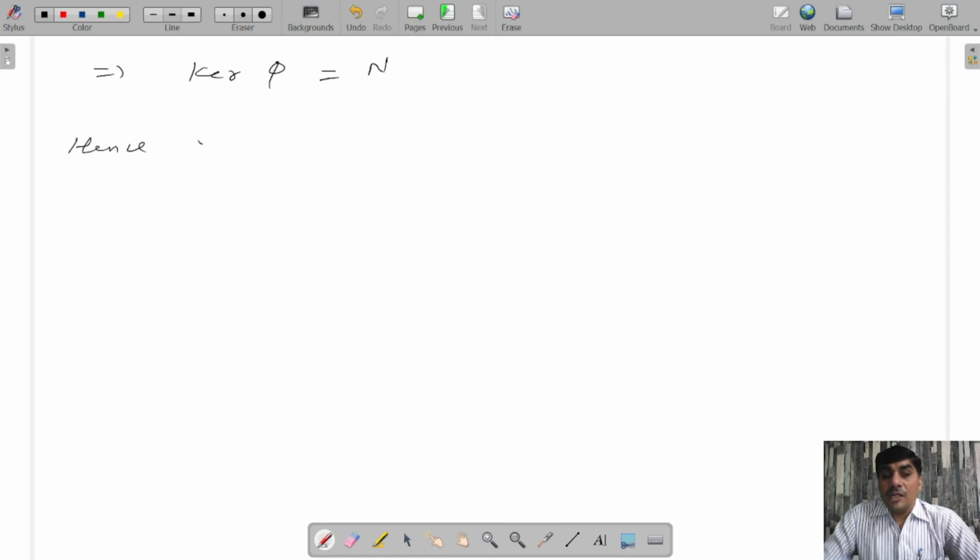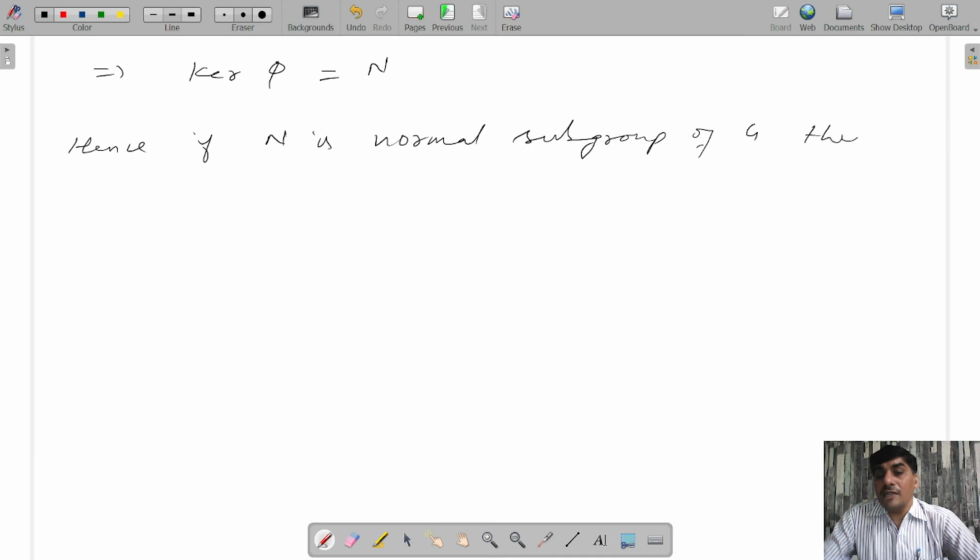Hence, if N is a normal subgroup of G, then N becomes the kernel of phi, where phi is a homomorphism mapping.